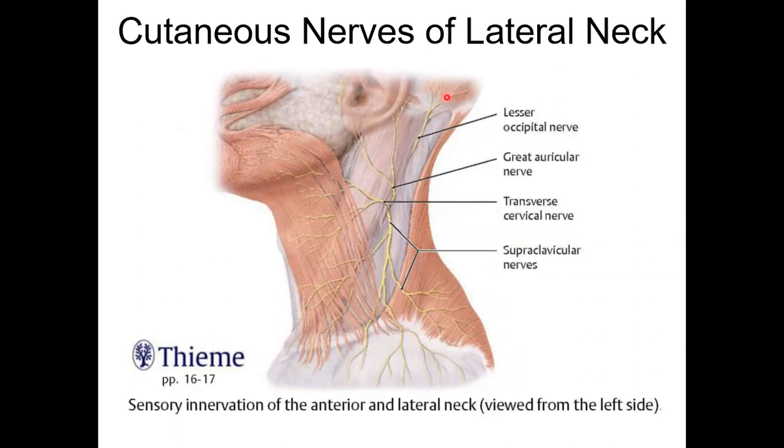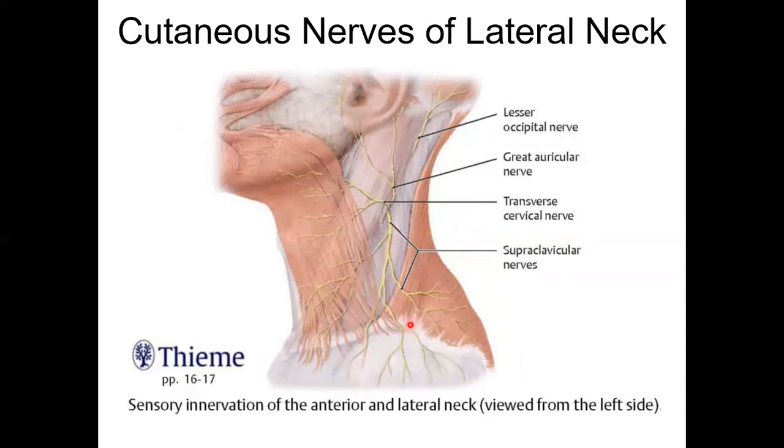So this is the lesser occipital nerve versus your greater auricular nerve. You can see it going towards the front of the ear here. And then your transverse cervical, so literally transversing, going across the neck. And then your supraclavicular nerves, so above the clavicle.